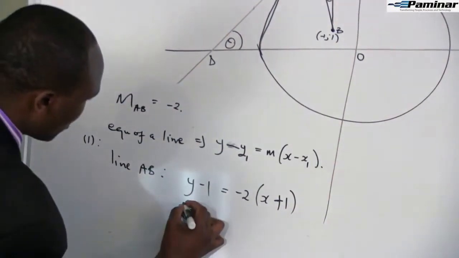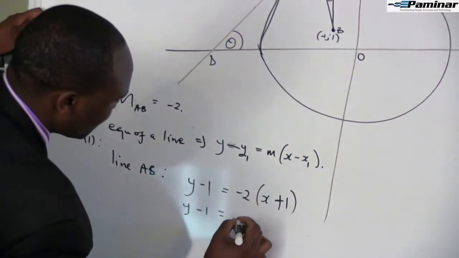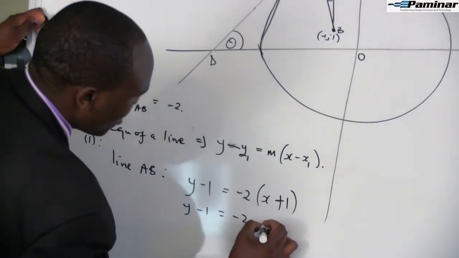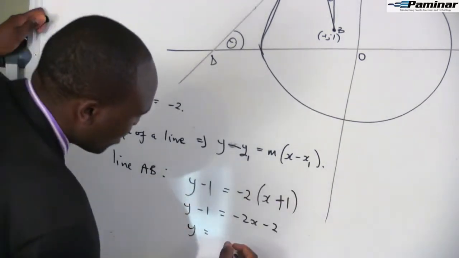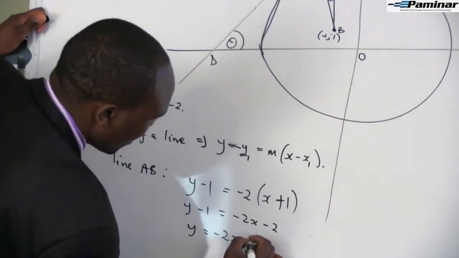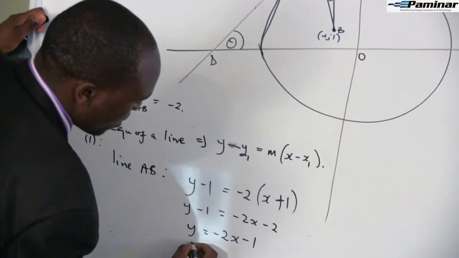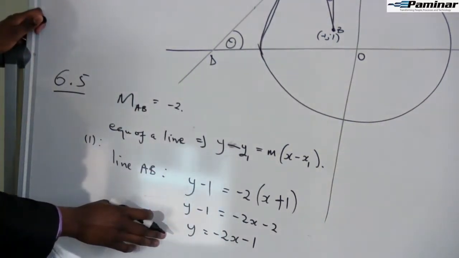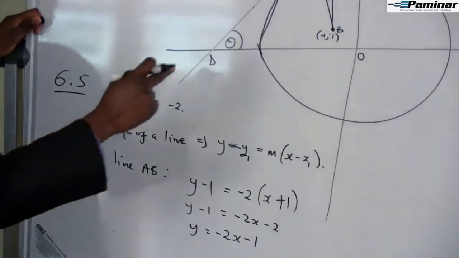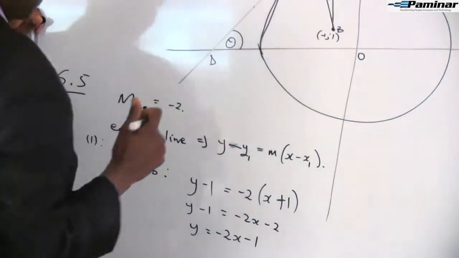That's it. So it's going to be y - 1 is equal to -2x minus 2. So y is, we take 1 there, it's going to be positive, -2x minus 1. We're done with this equation. Alright? This is the equation of this one.